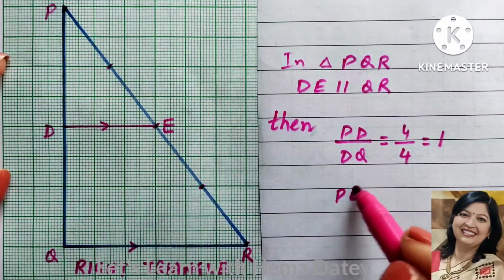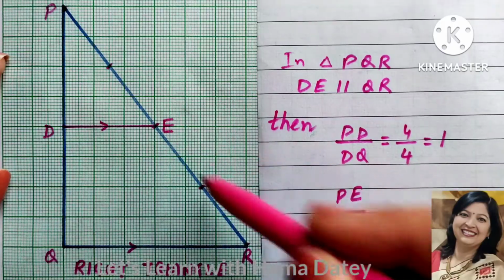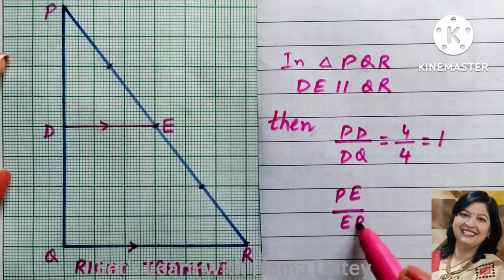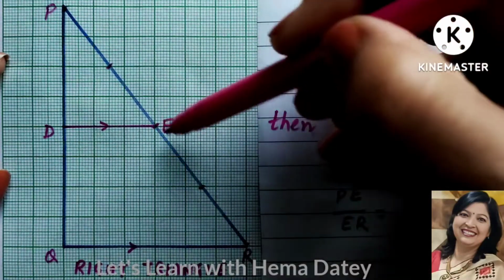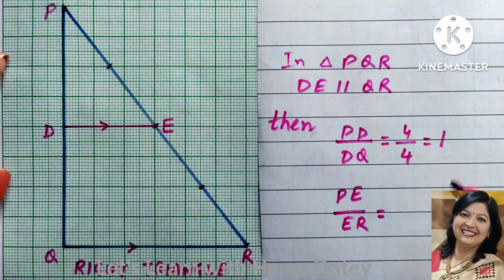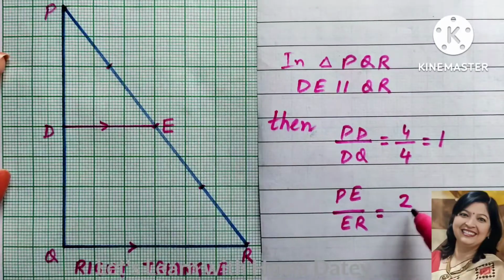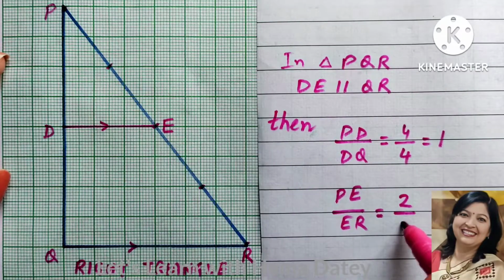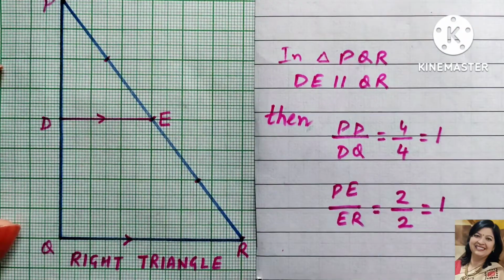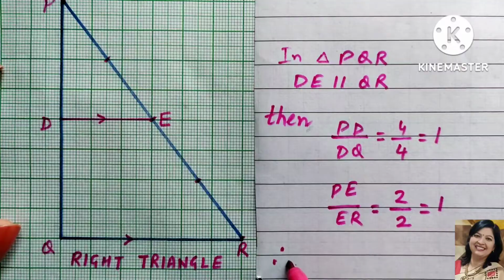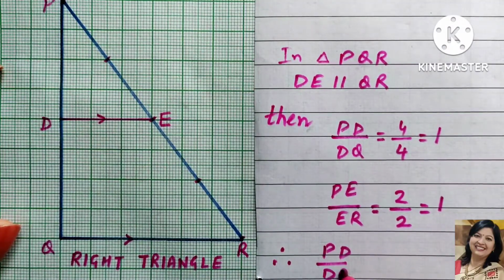So PE upon ER is equal to 1 unit, 2 units, and again, so we can write 2 by 2 equals to 1. Now we can say, therefore, the ratio of PD and DQ is equal to the ratio of PE and ER.